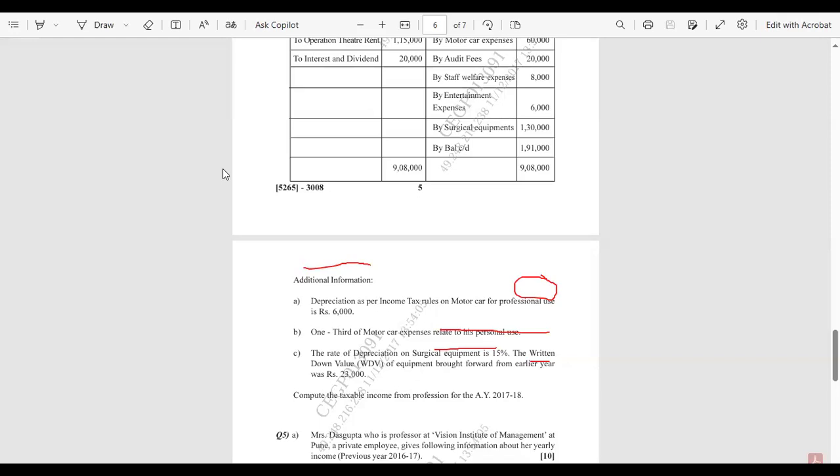Number one, when we are solving a numerical on business and profession, first find out for which year you are doing the calculation. Second, you need to find out what is the type of business. Third, you need to find out what is business income and what is non-business income. You have to find out what is business expenditure and what is non-business expenditure. And accordingly, you have to deduct or add.